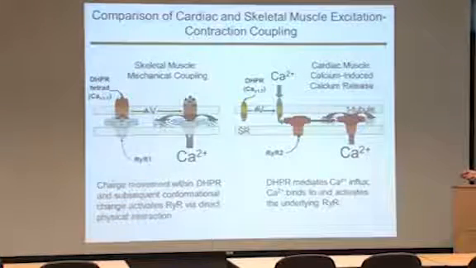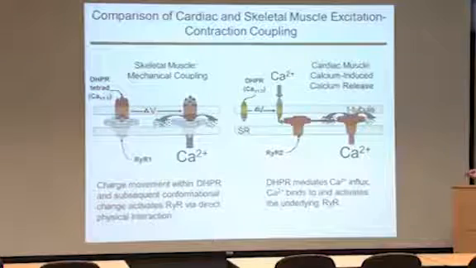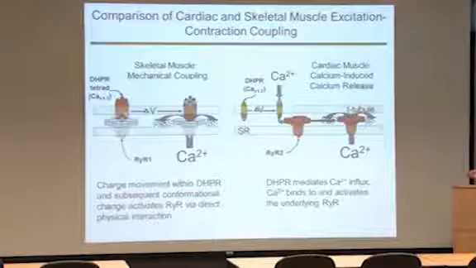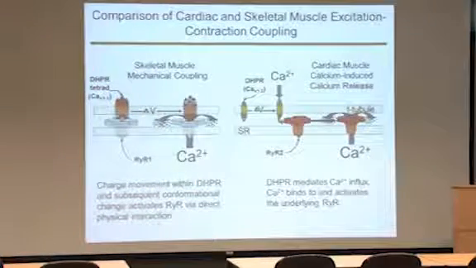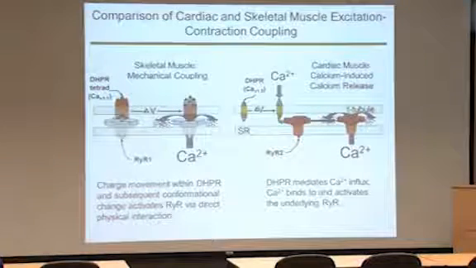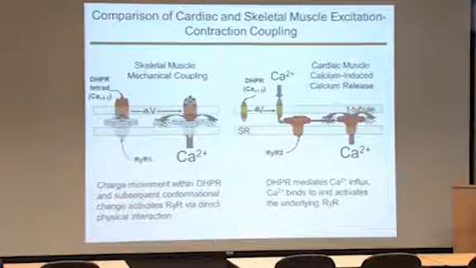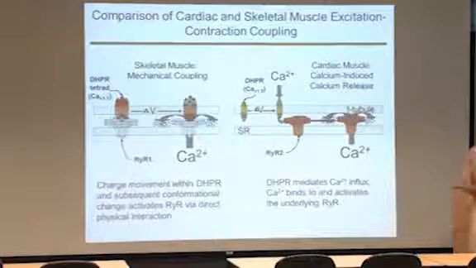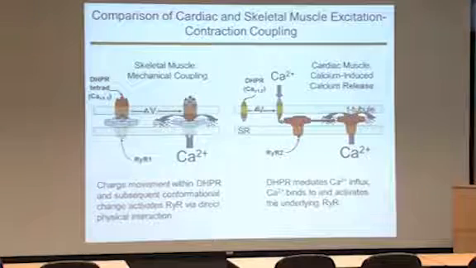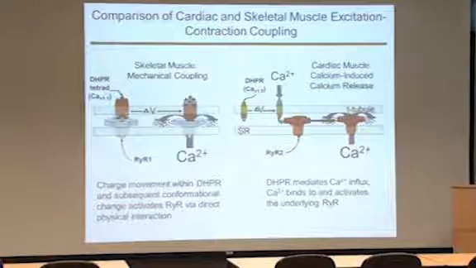So when the transverse tubule polarizes, there are charged residues in the L-type calcium channel that undergo a voltage-driven conformational movement across the electrical field of the membrane. Because you have charges moving across the membrane, you can measure that electrophysiologically as a sort of capacitive charge movement.